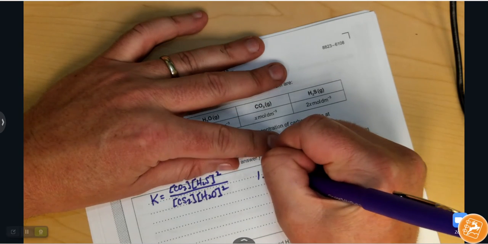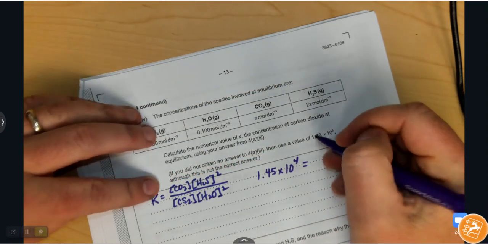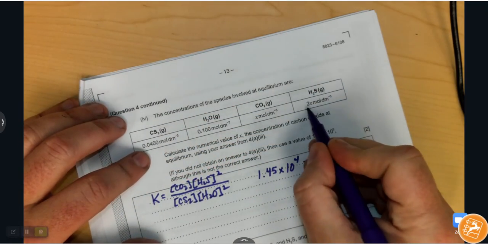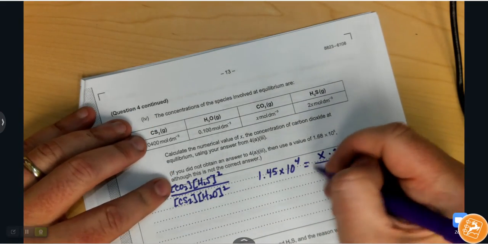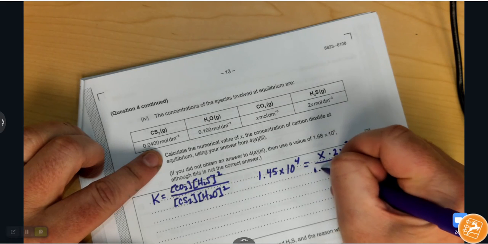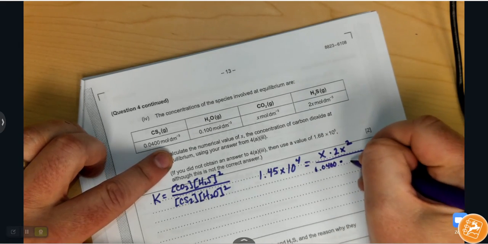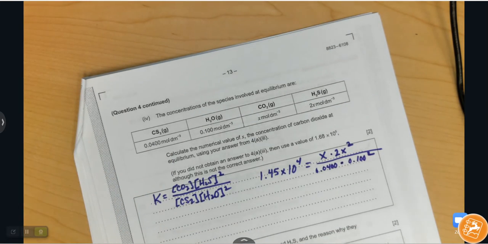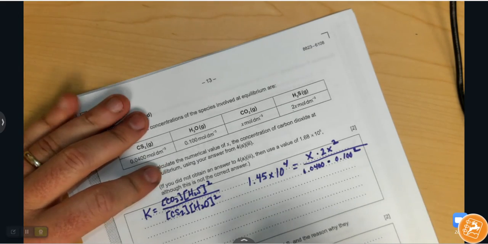All right, so K is 1.45 times 10 to the fourth, and that will equal x times 2x squared, divided by 0.0400 times 0.100 squared. All right, so when this combines, we're going to get 4x cubed.